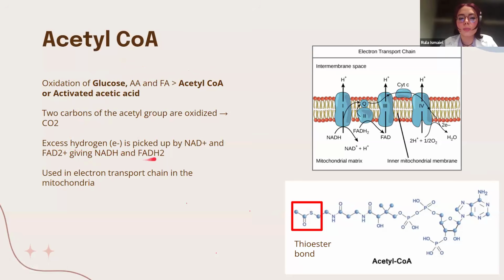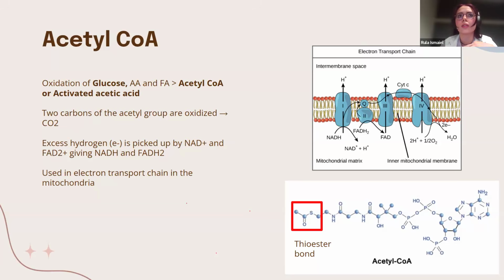The excess hydrogen is picked up by NAD plus and FAD2 plus, giving NADH and FADH2. They're basically intermediates. They're kind of like the shuttle bus for the extra electrons that are produced by metabolic processes like glycolysis, the Krebs cycle.